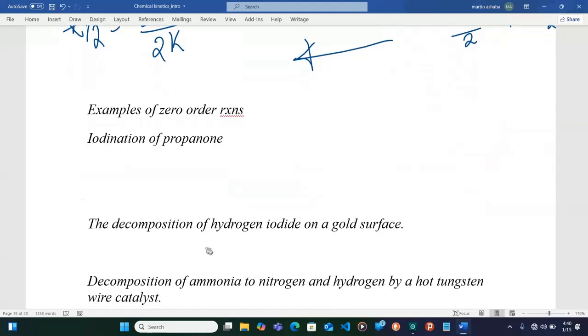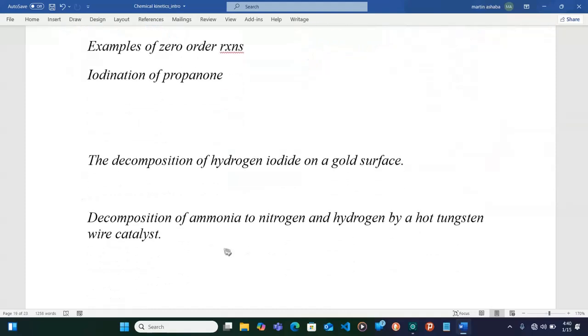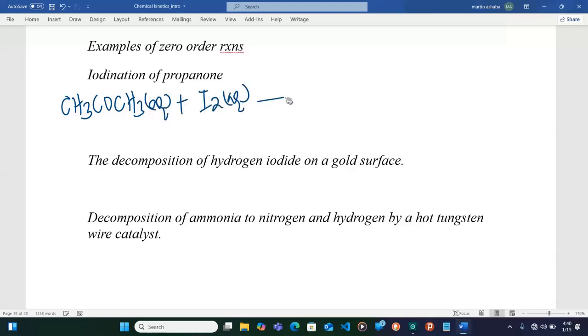So let's look at the examples of zero-order reactions, and one of them is iodination of propanone. So iodination of propanone means that we are going to get propanone, CH3COCH3, which is in aqueous form. We are reacting it with iodine, which is also in aqueous form, to produce 1-iodopropan-2-one.